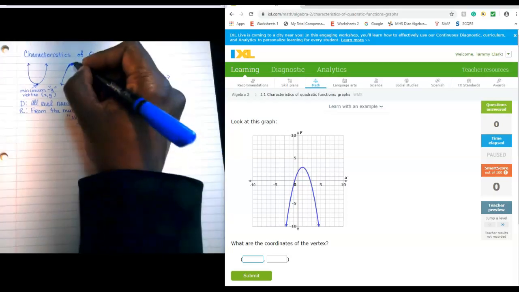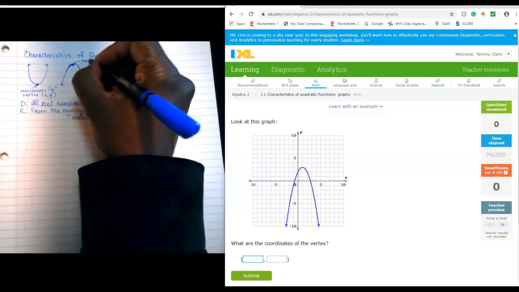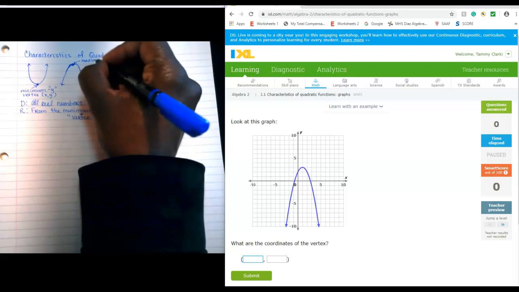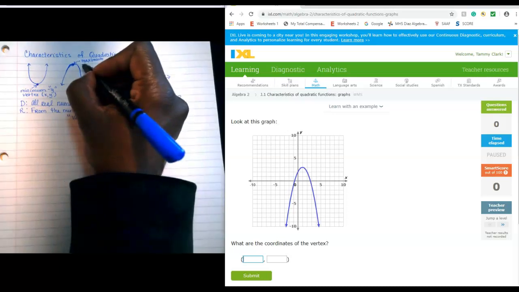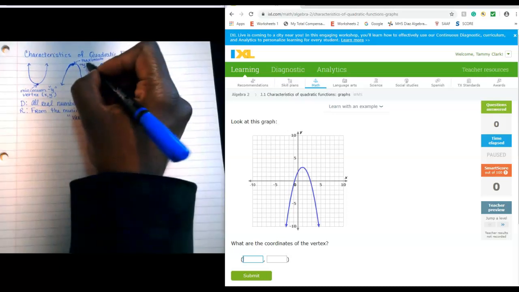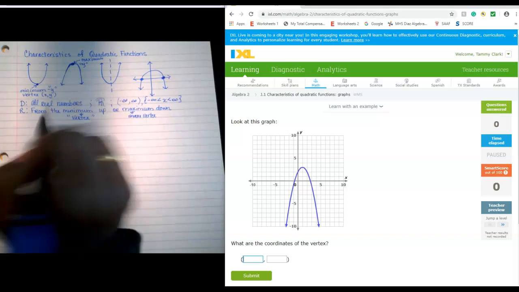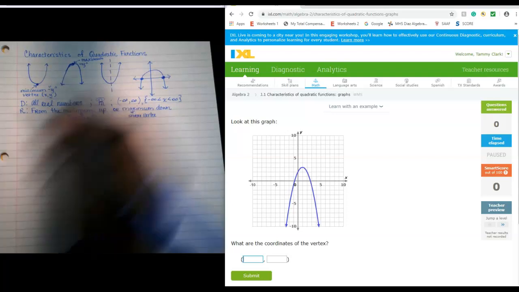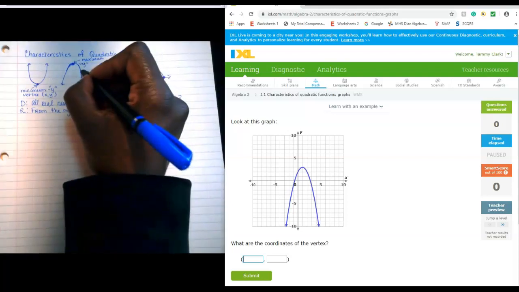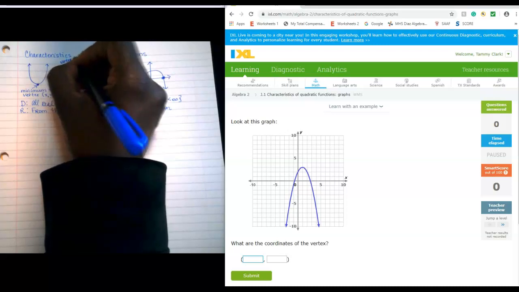Now here I've turned the function over, so this would be called the maximum, and that would be y as well. So everything less than the maximum would be the range. Here everything greater than the minimum would be the range. But if we're again going to name the x and the y, this is called the vertex.